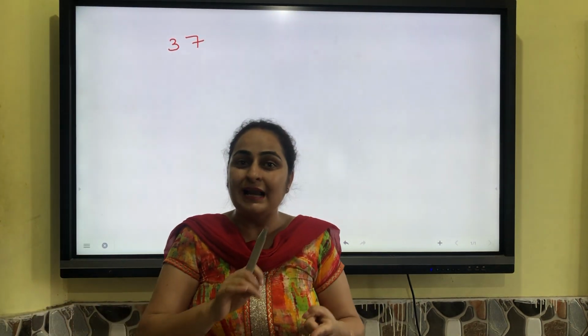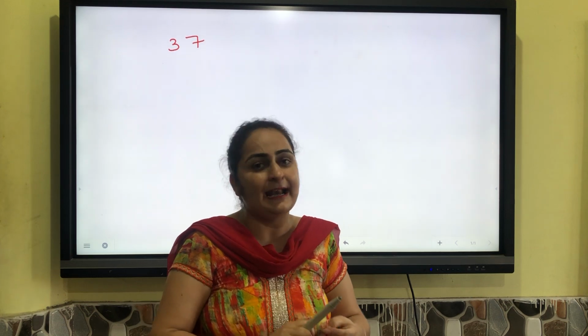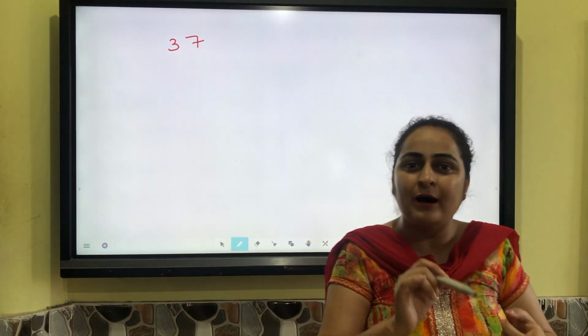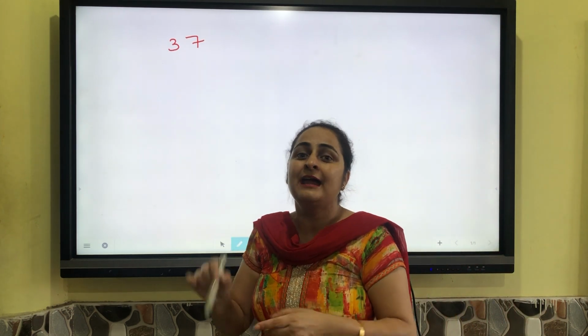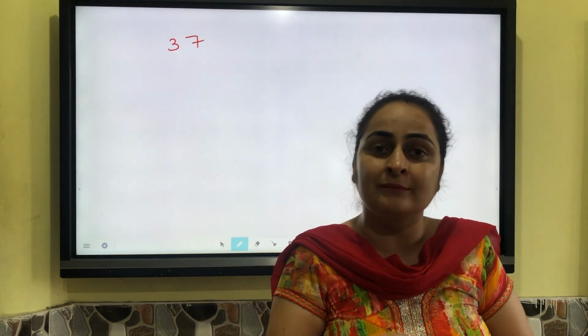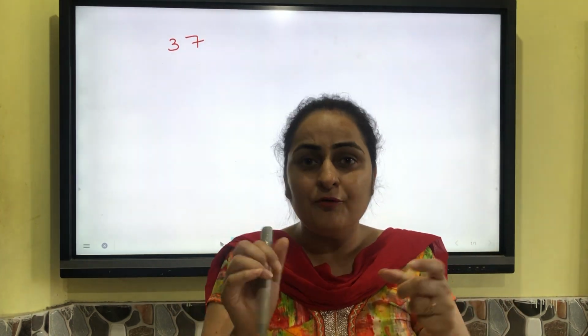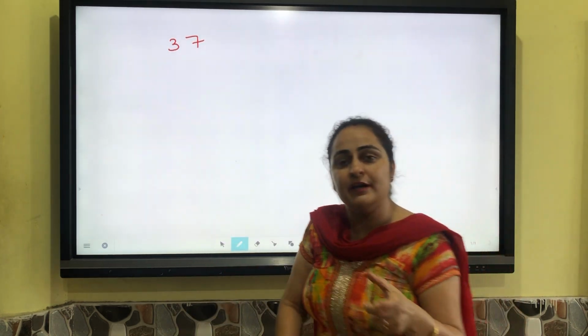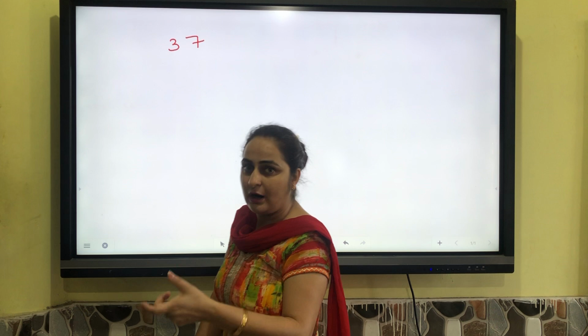You all know alphabet and words in English. Do you know what is alphabet? Alphabet is A for apple, B for ball, C for cat. And what is the word? Word is apple, mango, orange, banana, is, am, are, this, that. When you frame the combination of letters, that combination of letters becomes a word.